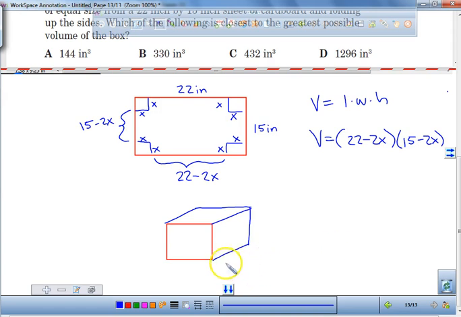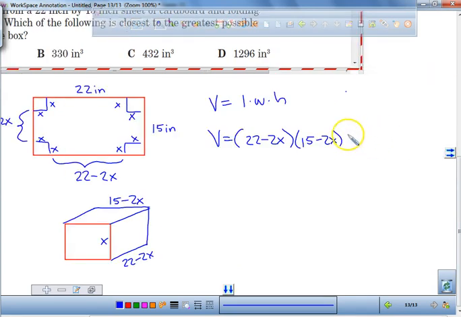I say the length of the box is 22 minus 2 x's, and the width of the box is, here's the width, 15 minus 2 x's. What would the height of the box be if you cut out the same distance no matter what? The height is just going to be x. And then you can fold the box together and make a cardboard box. So the height of everybody is x.